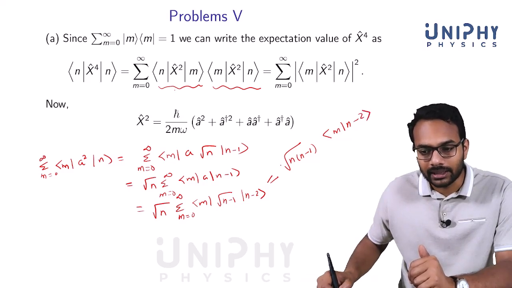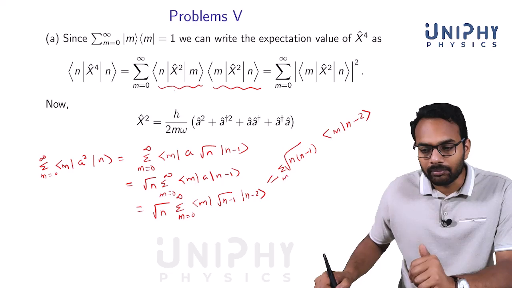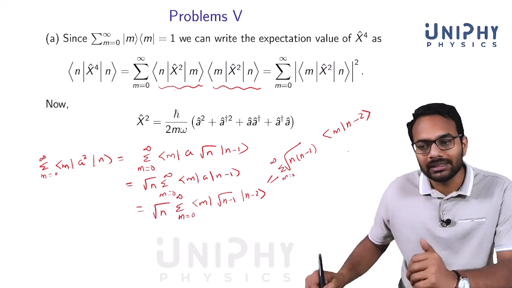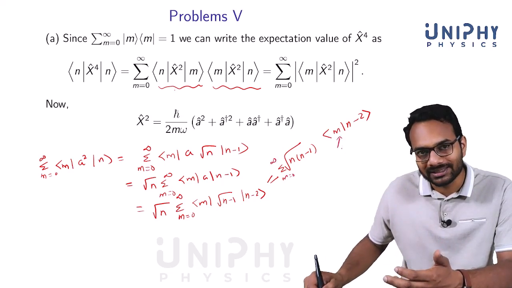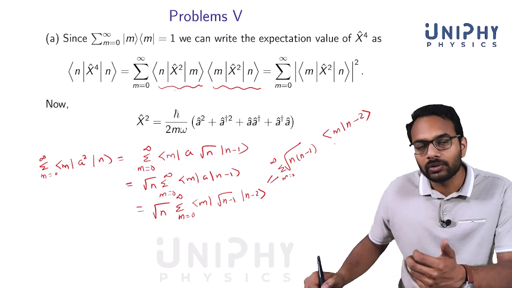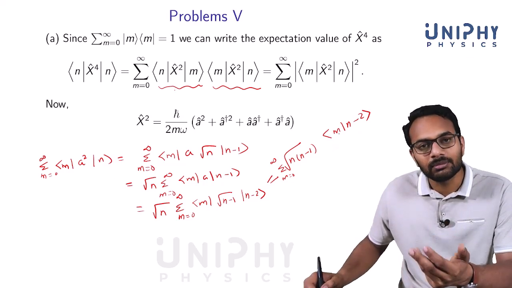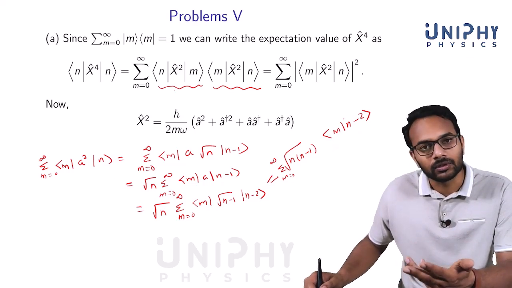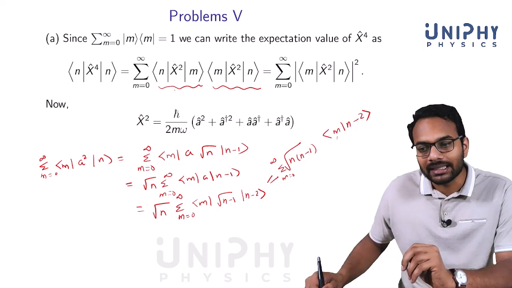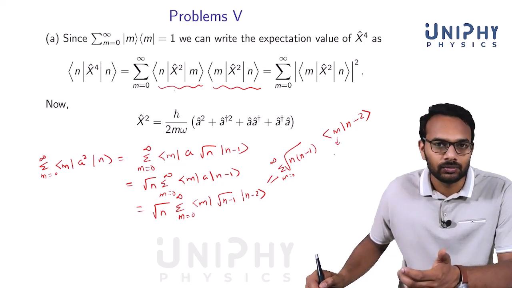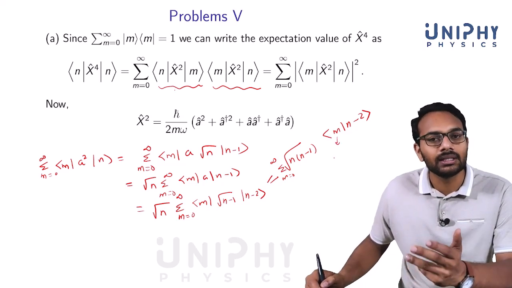And then don't forget we have the summation over m from 0 to infinity, which means you are taking all possible values for this m. When you take all possible values for m, all the terms will be 0 because of orthonormality, except when m is equal to n−2.